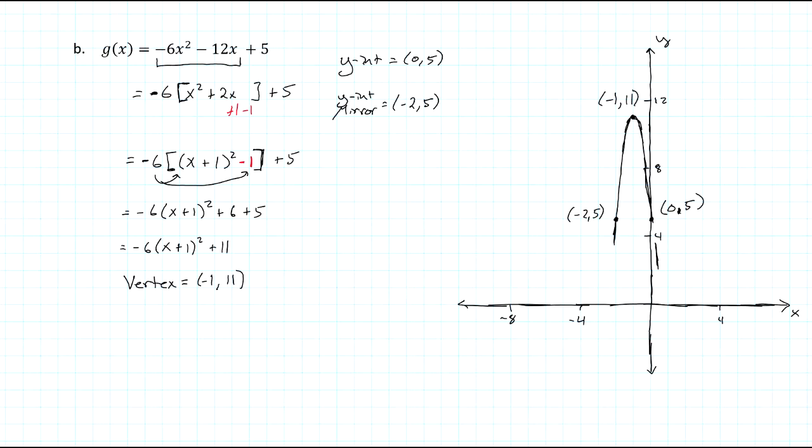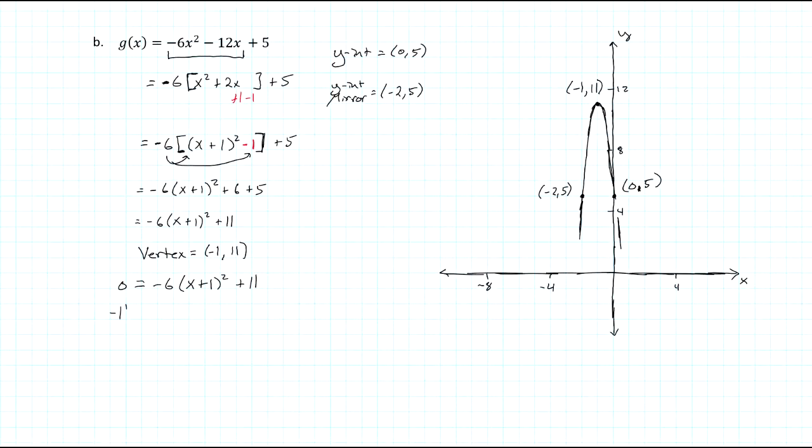So I'm expecting these x-intercepts to be around 1/2 and -2.5, so they're not going to be pretty numbers again. So let's set the output to 0. 0 equals -6 times (x plus 1) squared plus 11.